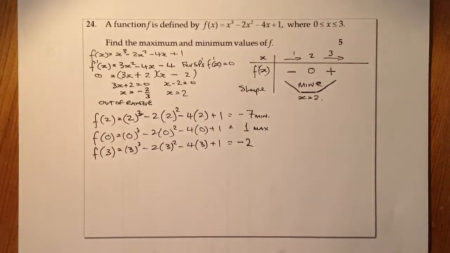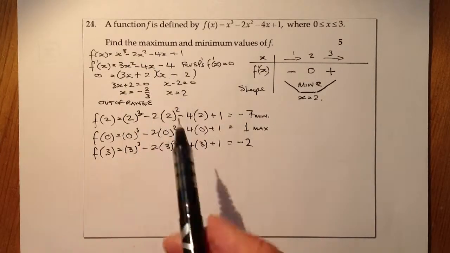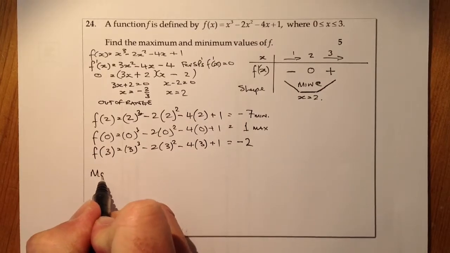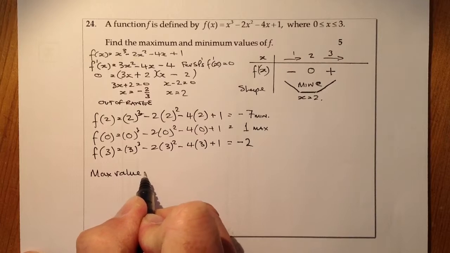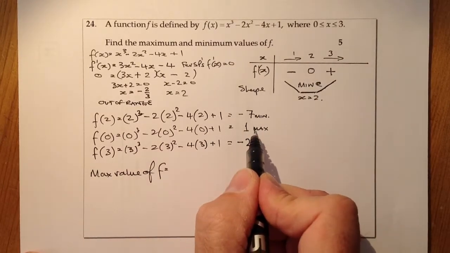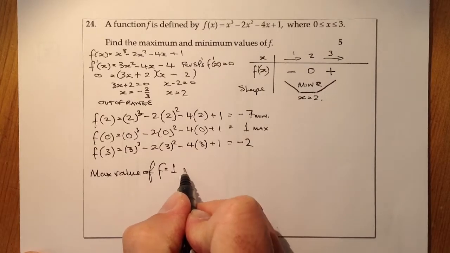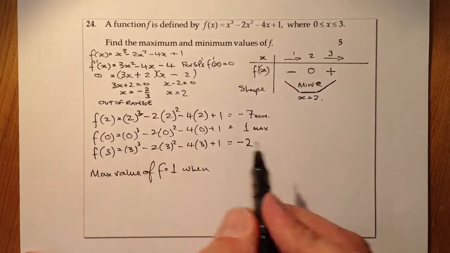Okay. So what I'll do is just make a final statement. I'll say that the maximum value of f is equal to 1, and that was when we've got x equal to 0.